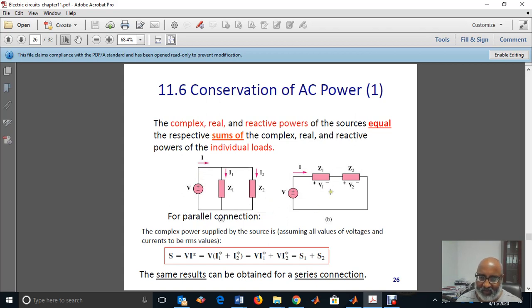Also for series connected loads, it is the same. So the complex power supplied by the source, assuming all values of voltage and currents to be RMS, is S = V times I conjugate, V times (I1 conjugate plus I2 conjugate), which is V I1 conjugate plus V I2 conjugate, S1 plus S2 for the parallel load, this one.